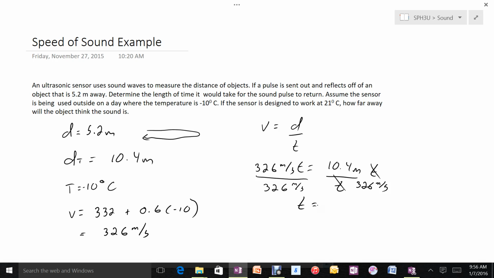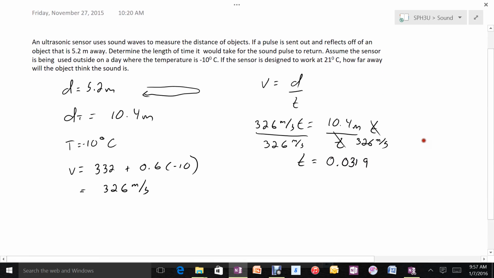I got 0.0319. So for the pulse to go out and come back, because the temperature is minus 10 degrees Celsius, it's going to take 0.0319 seconds. That answers the first part of this problem.